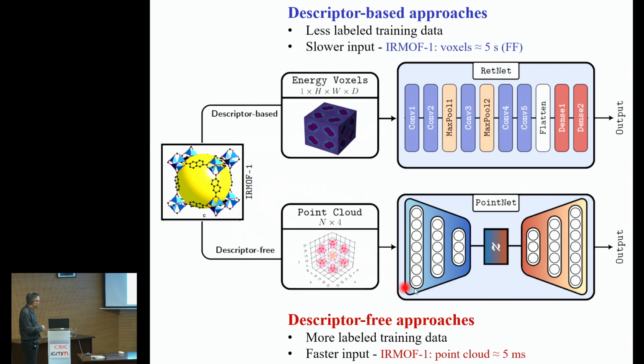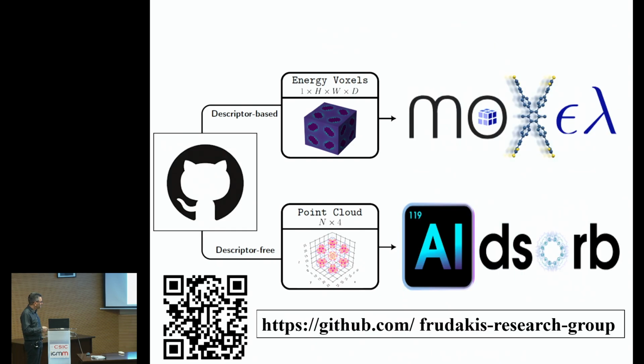This is the descriptor-free methods, point clouds, but the penalty is you need more data, but it's a faster input. You need just 5 milliseconds to calculate your input. And these two codes are available if you want to use them, the Moxel and AI adsorb in the GitHub of our group.